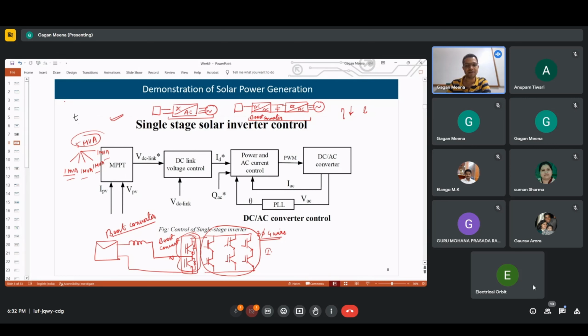We can do that. There are controllers called proportional resonant controllers, which are an extension of PI controllers. So with sinusoids, we have to use these PR controllers if we want to track the reference. If we use a normal PI controller with sinusoids, there will be a large steady state error, which we don't want because we want to track the reference. So PI works well with DC quantities.